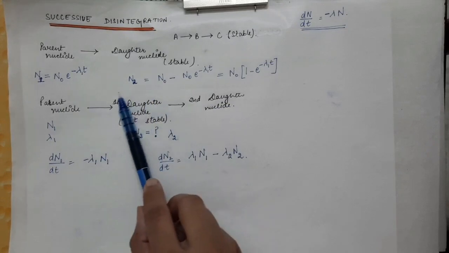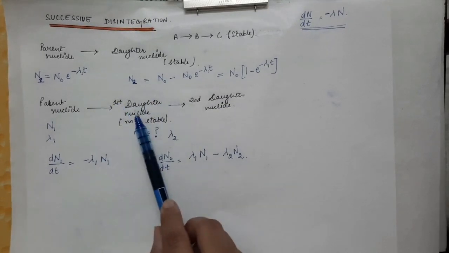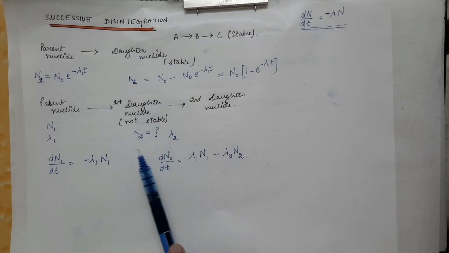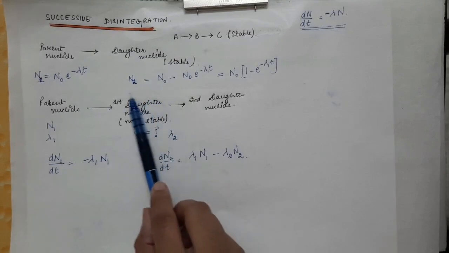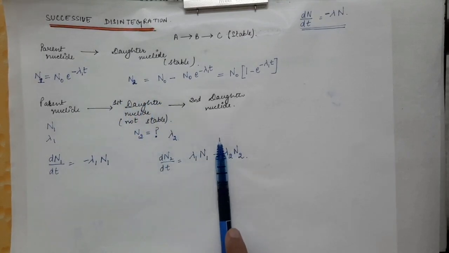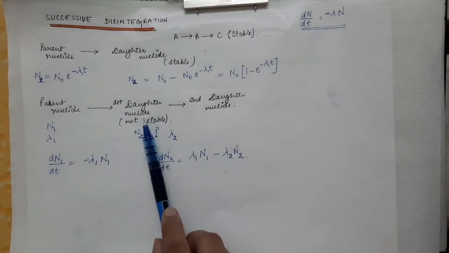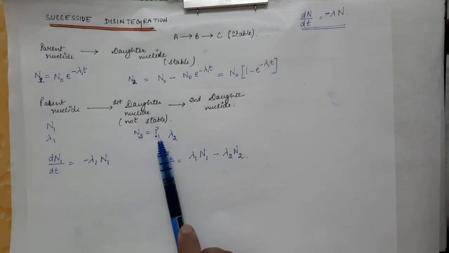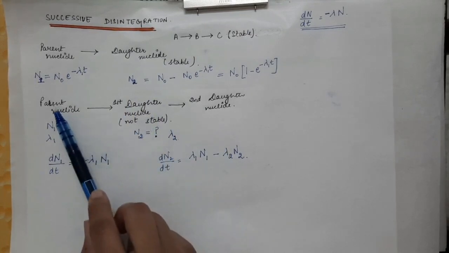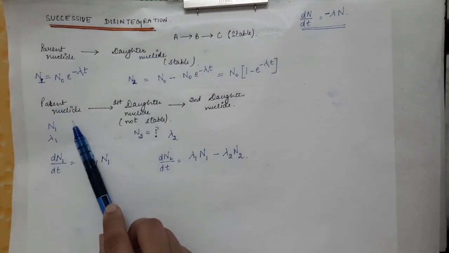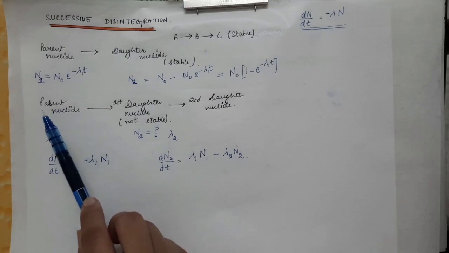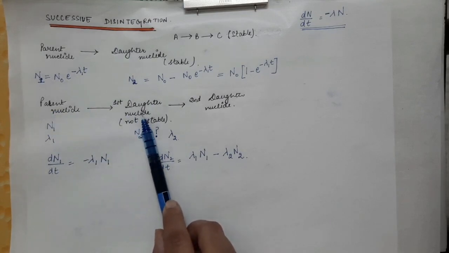So it is important to find the number of first daughter nuclides present in this sample. If this daughter nuclei was completely stable, at any time we can easily find the number of daughter nuclides. So if there are 1000 parent nuclides in a sample at time t equal to 0, after some time 500 have decayed to daughter nuclides.